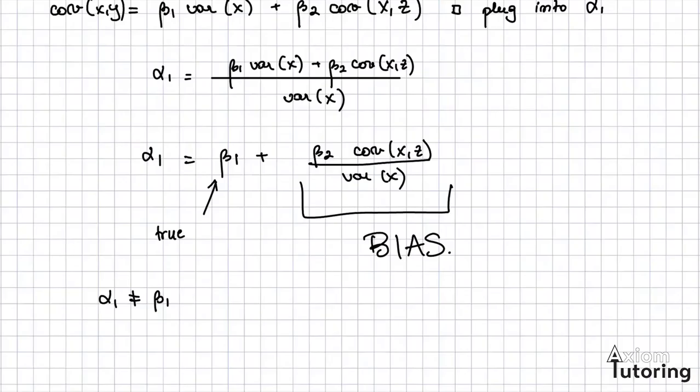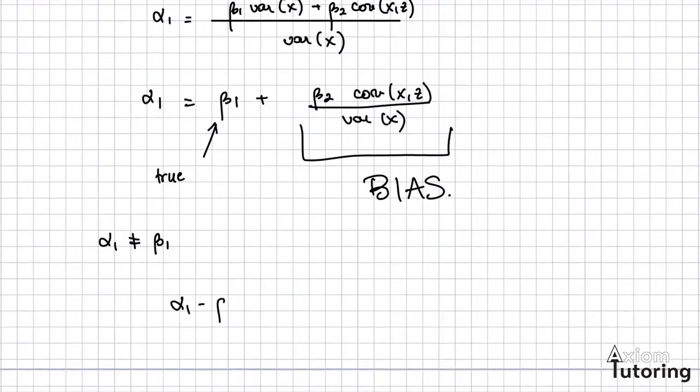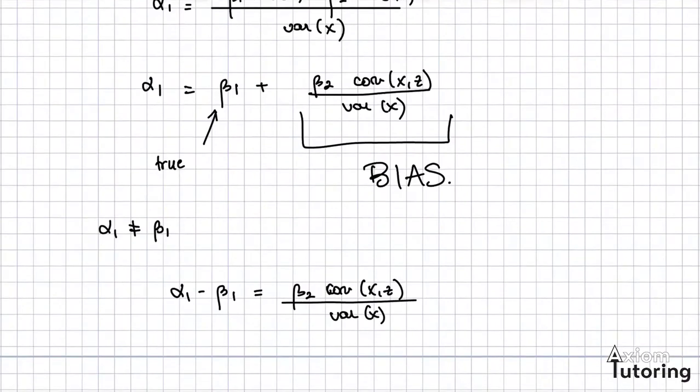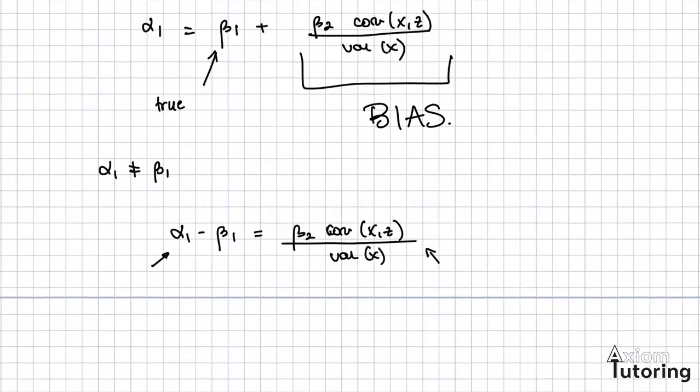We can also rearrange this a little bit more. So you can say alpha 1 minus beta 1 is equal to beta 2 covariance of xz divided by the variance of x. So whichever way you're seeing this expression, it's still giving you the omitted variable bias formula, where the left-hand side gives you the actual difference between what we estimate and the truth, and the right-hand side is telling us not just the bias, but where exactly it's coming from.